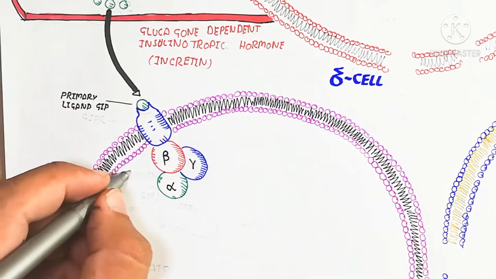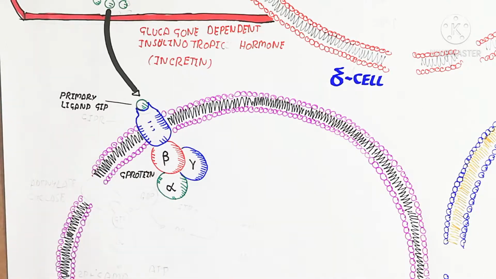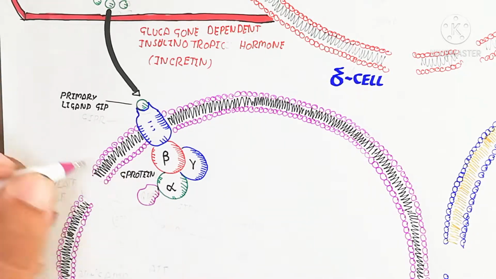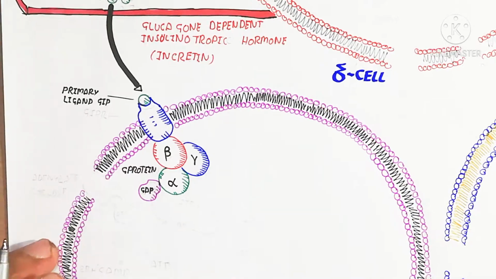The alpha subunit contains GDP, guanosine diphosphate.